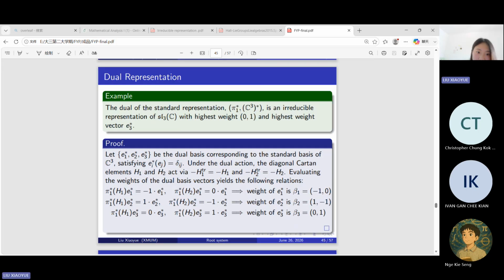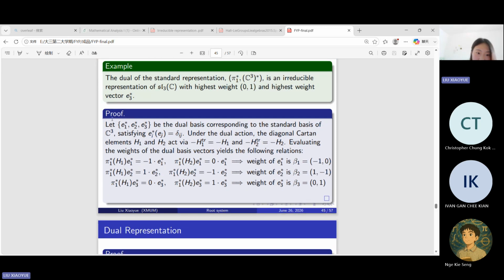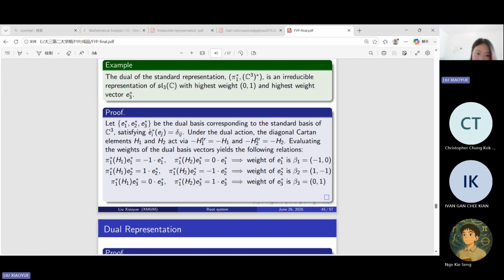This example says the dual representation of the standard representation is an irreducible representation with highest weight (0, 1) and highest weight vector E3. E1, E2, E3 is the dual basis corresponding to the standard basis. And we know that they satisfy this relation.